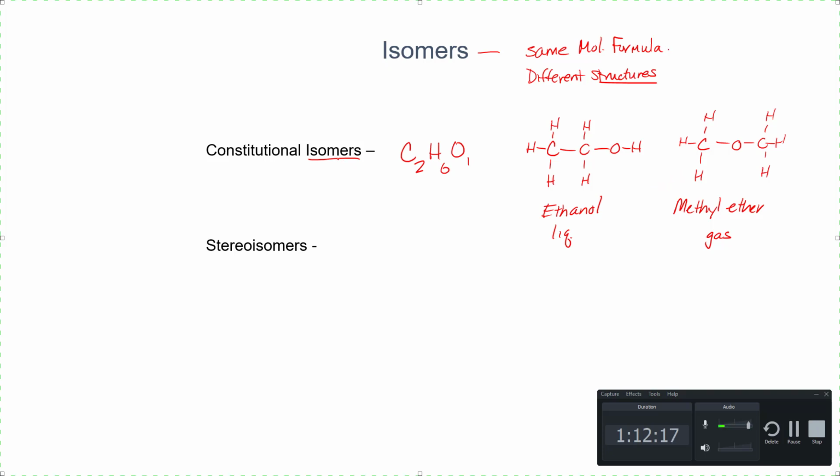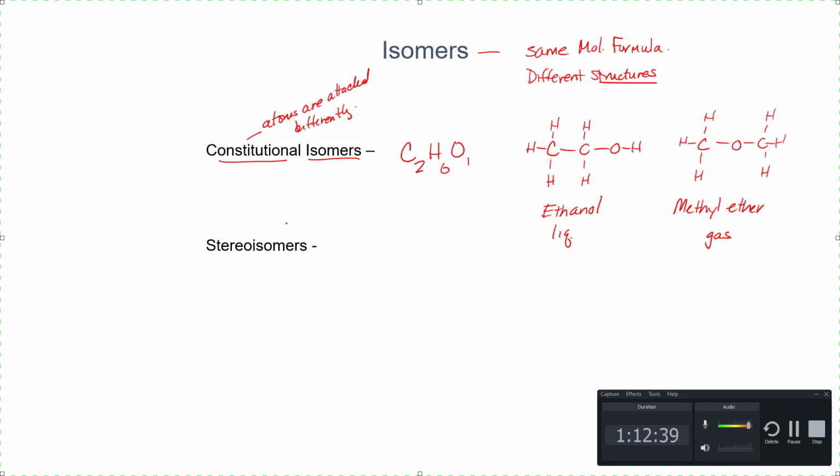So constitutional isomers, the constitutional part means that the atoms are attached differently. They're attached in different structures, but yet they have the same molecular formula.